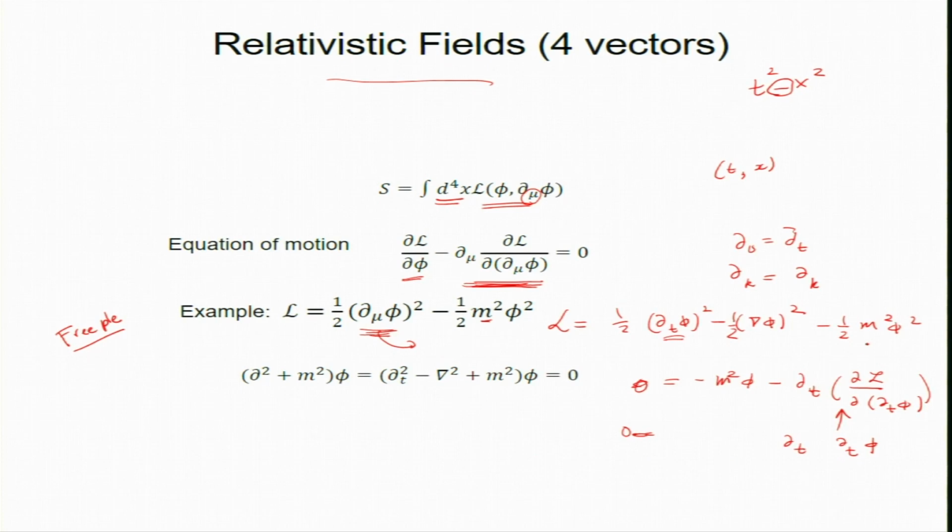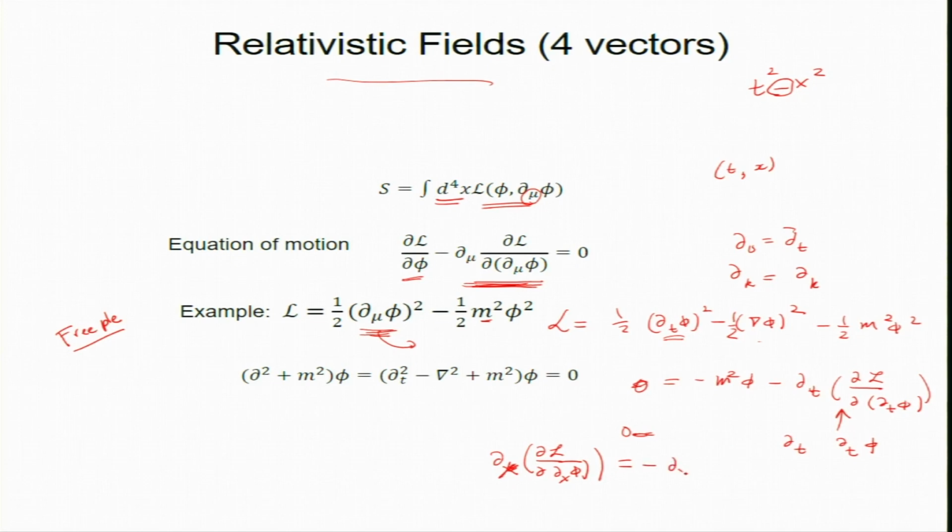The next term is grad phi squared. So I get the space derivative, d by dx of partial L partial dx phi. Same idea, except there is a minus sign there.